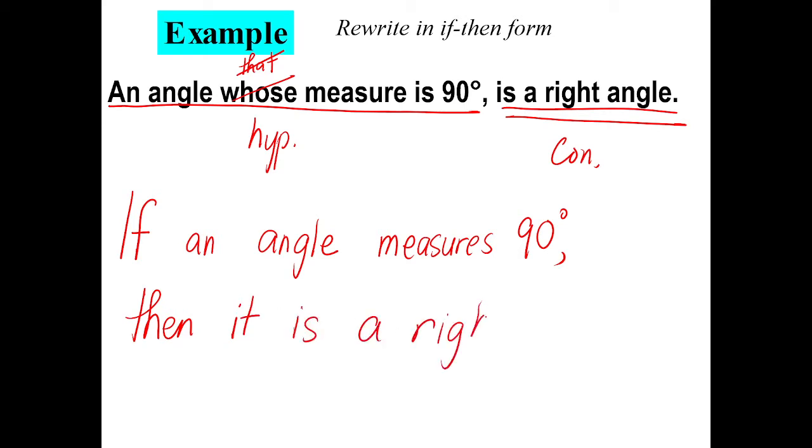That's totally correct. You can also say, if an angle is 90 degrees, that's totally correct. Now, let's go to our next example.